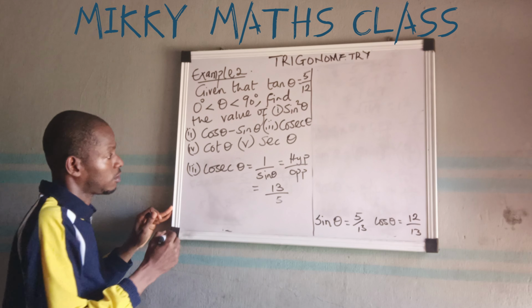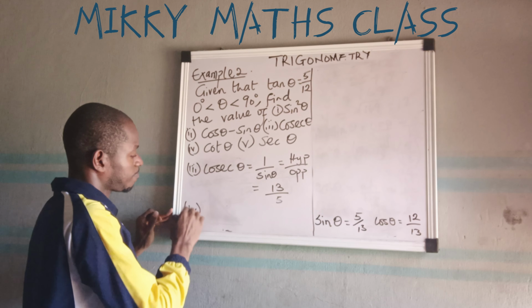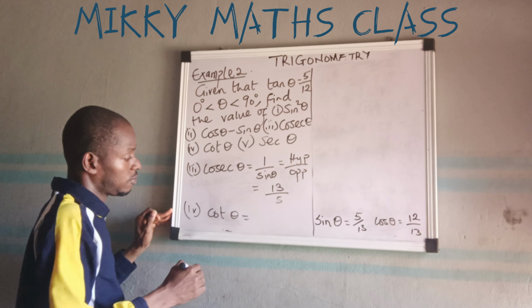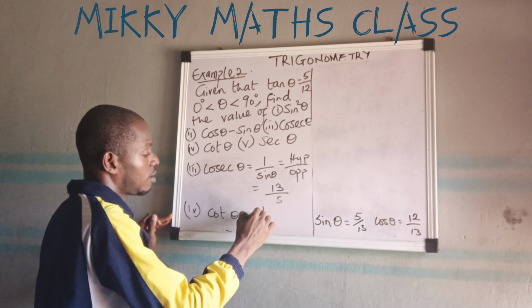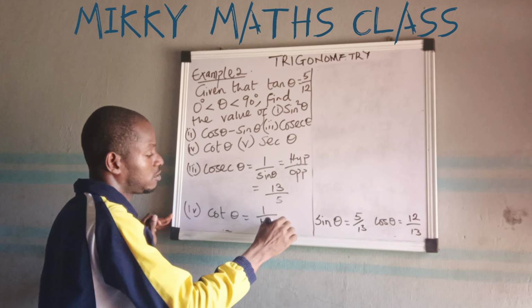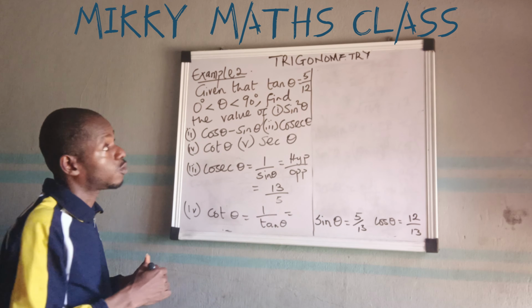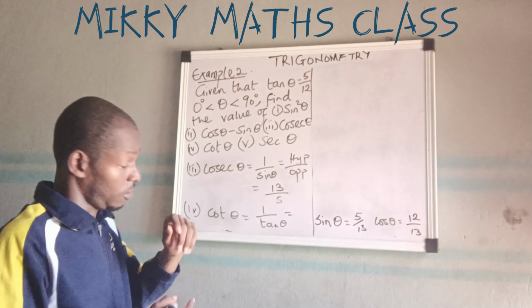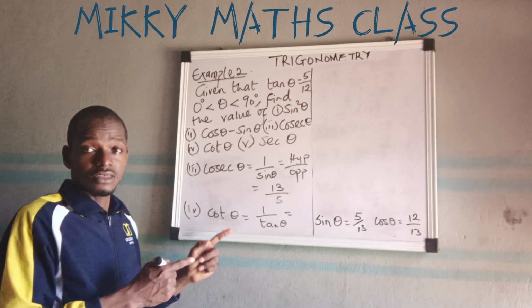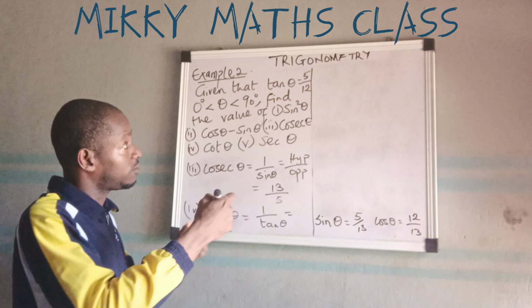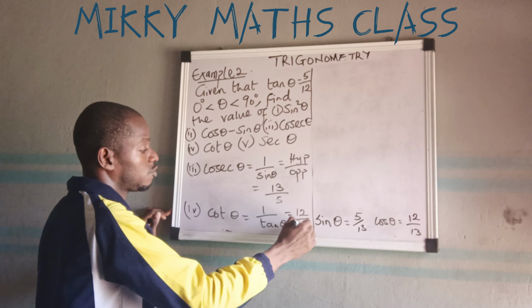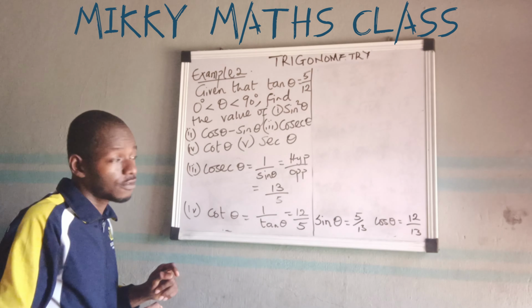So our cosec theta is the same thing as 13 over 5. Now the fourth one, cotangent theta. Cot theta is the same thing as 1 over tan theta. And from the question, we're already given that tan theta is the same thing as 5 over 12. So the cotangent theta will be the inverse of that. So from here, our cot theta is 12 over 5.